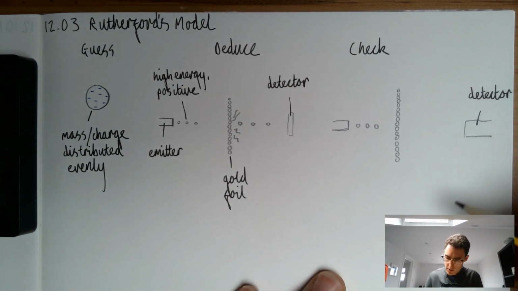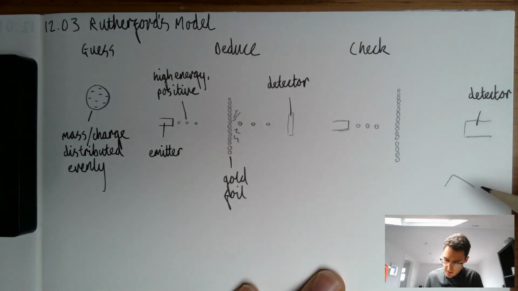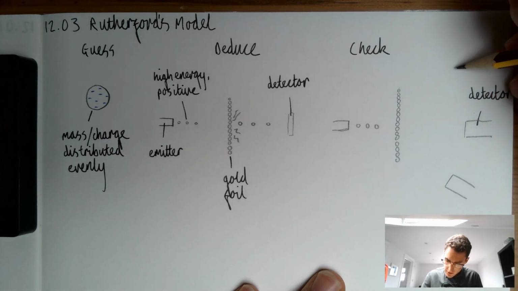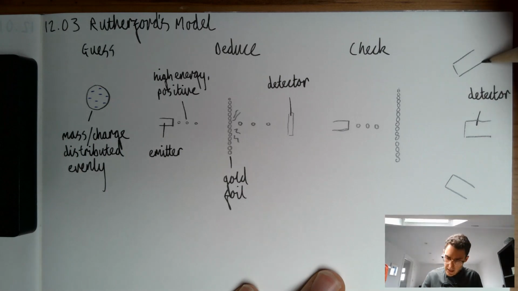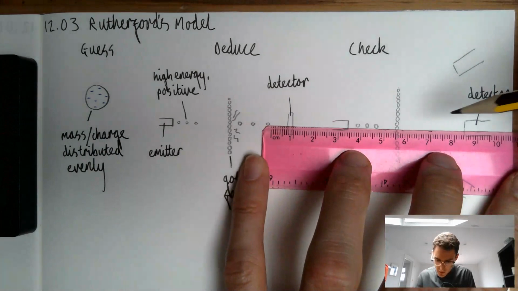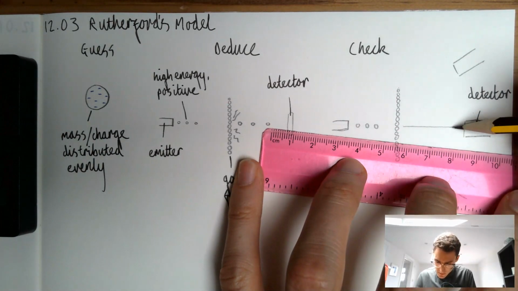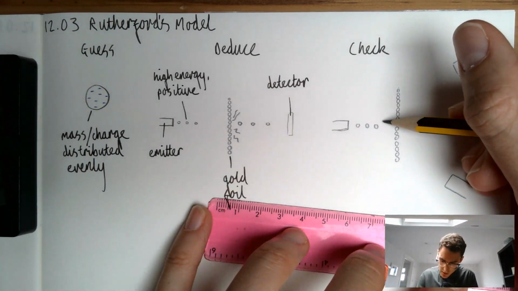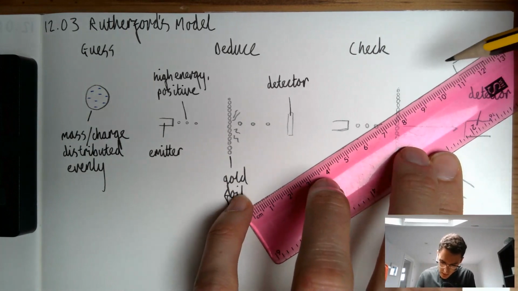But for whatever reason, they decided they'd try putting the detector here too, and maybe up here too, at an angle. And what they found was, most of them went straight through, that's what we said before, but some of them seemed to be deflected, like this.